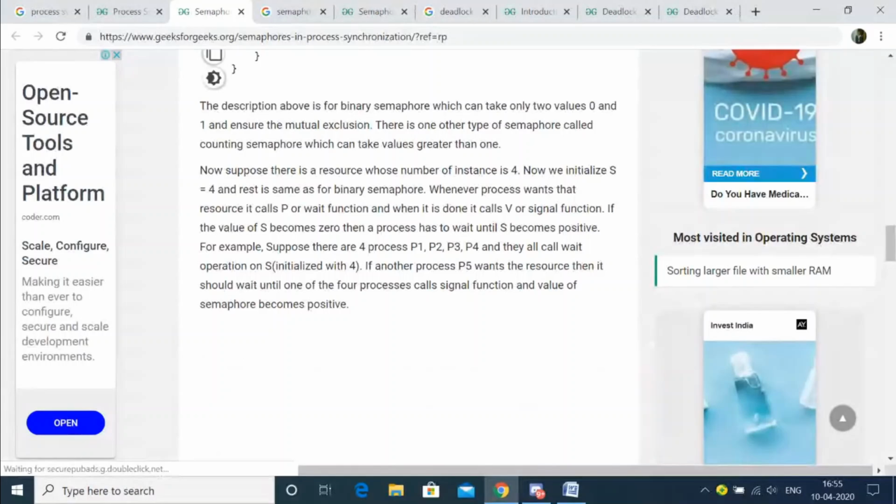Then another one is to eliminate hold and wait. Allocate all required resources to the process before the start of its execution. We will allocate all the required resources to a process before the process starts its work.